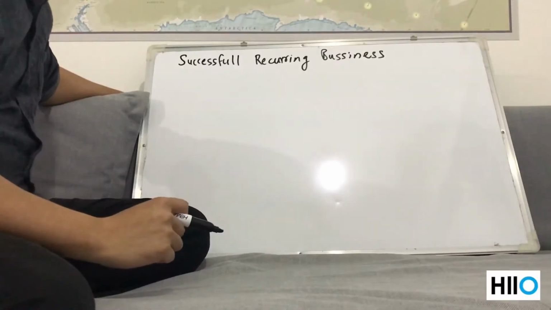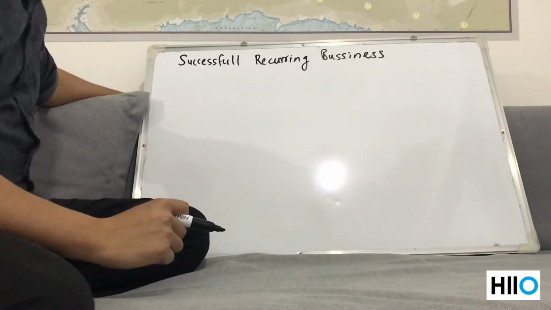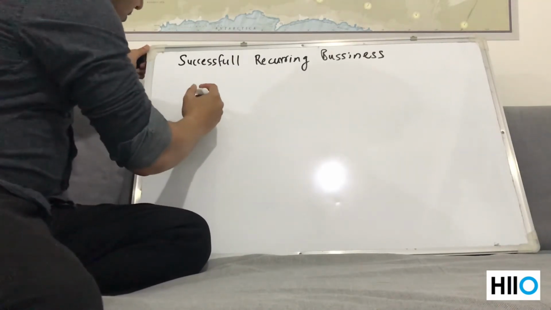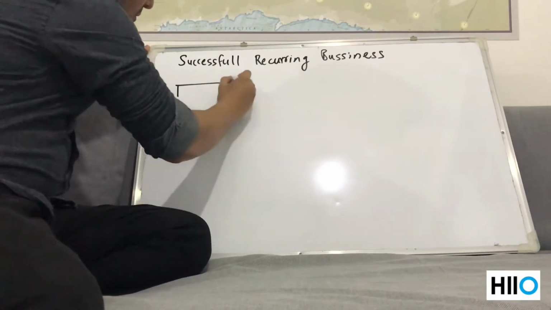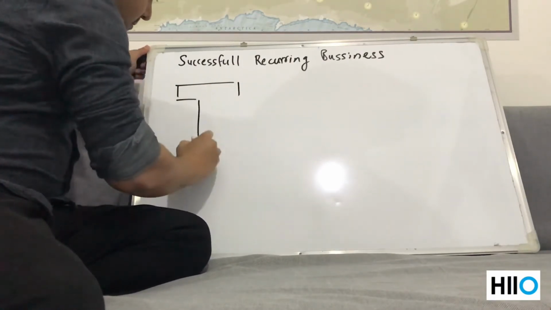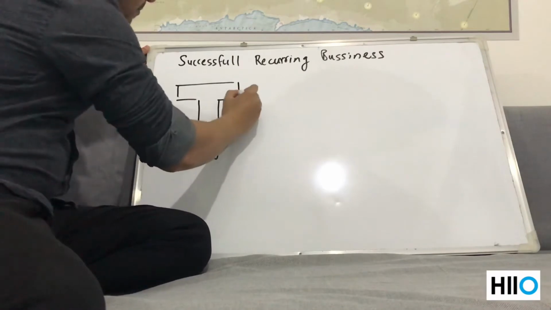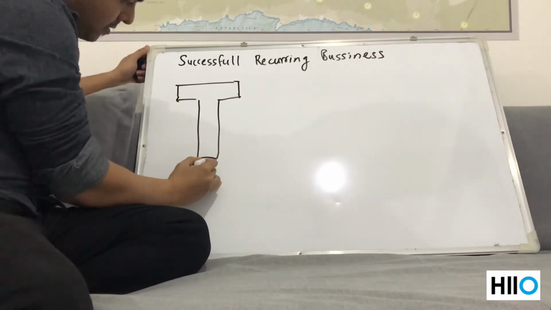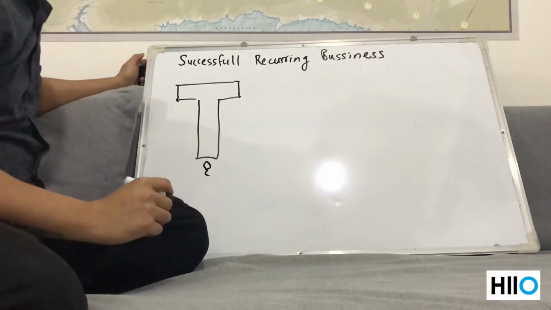Okay, so let me start with an experiment from the book The Power of Habit by Charles Duhigg. Let's say you have a tango room, and you have a mouse here. That's my mouse.